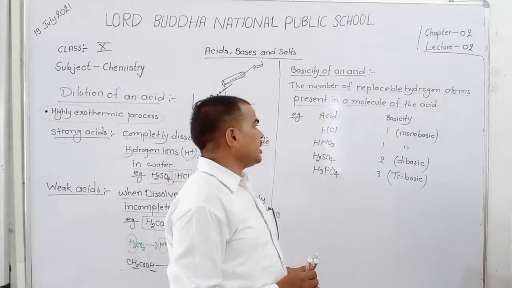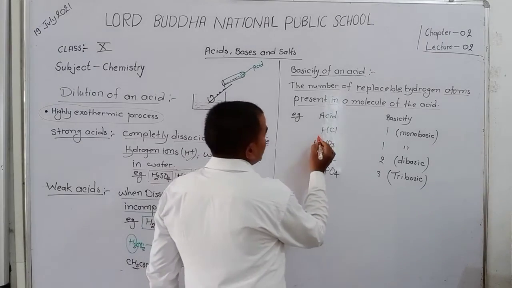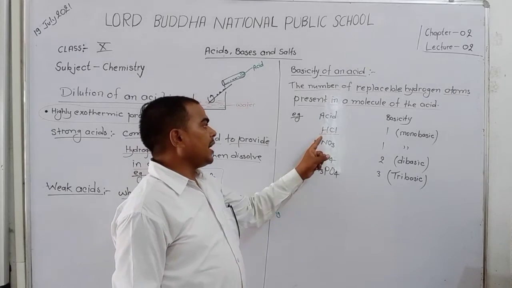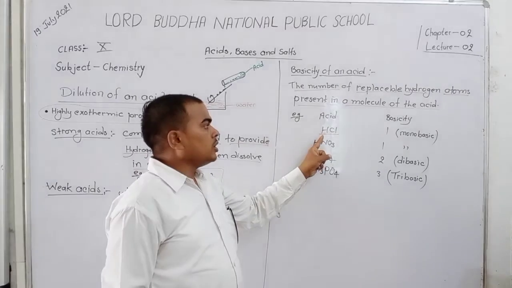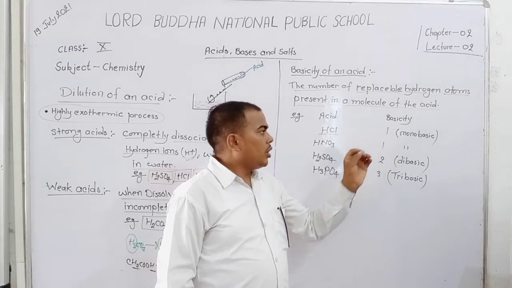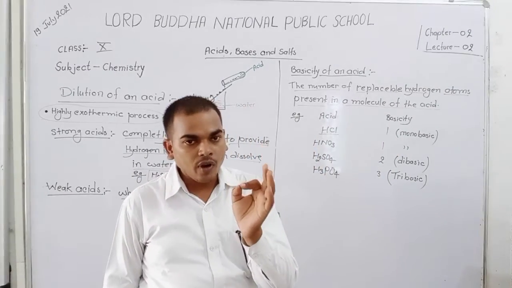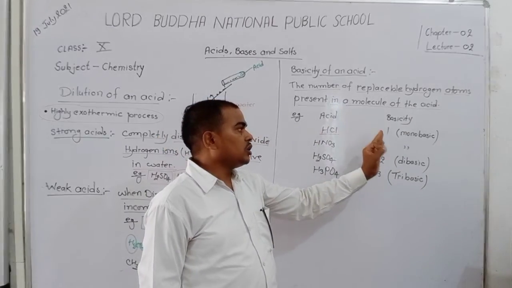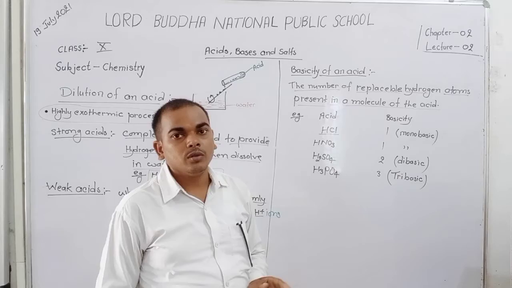For example, dear student, here HCl is an acid. In HCl, one hydrogen is replaceable, so the basicity of this acid is 1. If the basicity of an acid is 1, then you say that the acid is a monobasic acid.